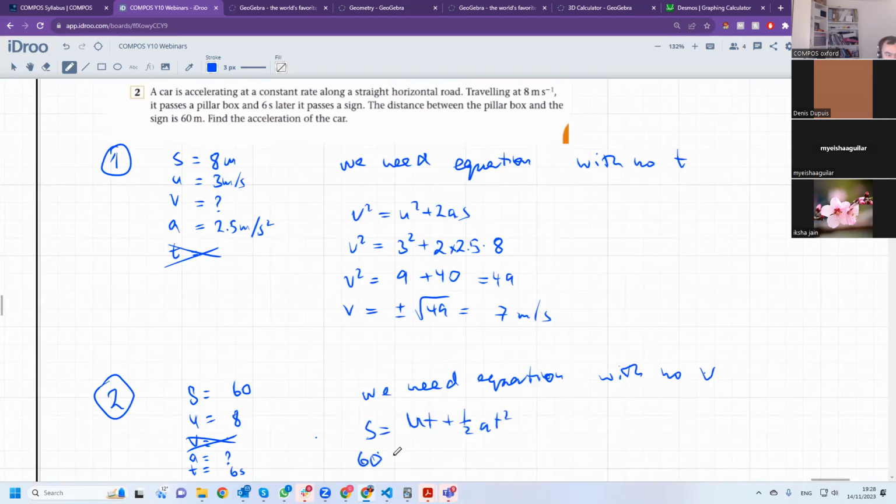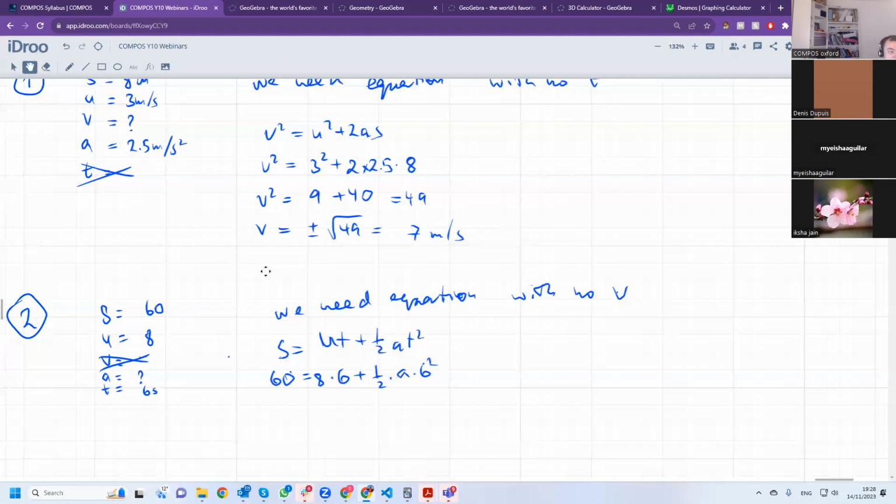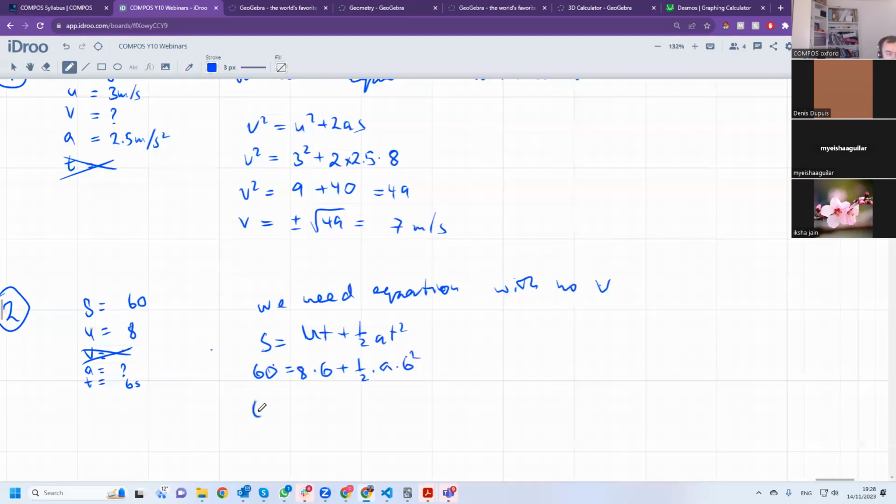So 60 equals 8 multiplied by 6 plus 1/2 multiplied by a multiplied by 6 squared, 36, 18. So we have 60 equals 48 plus 18a. 18a equals 12. a is equal to 0.67.